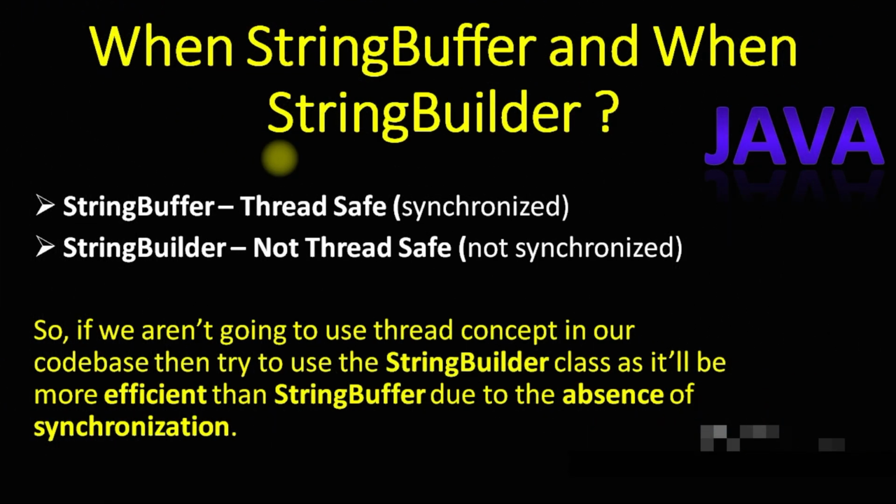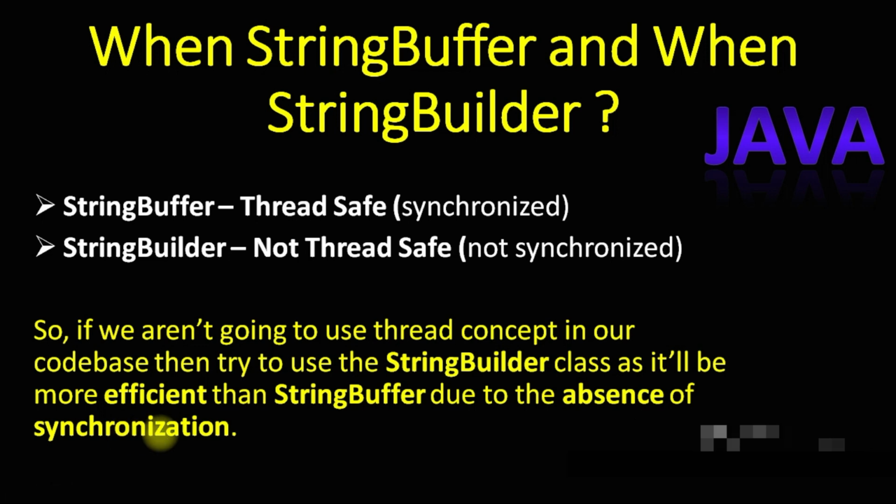Now remember only this statement. If you want to solve the string immutability problem, you have two options, one is string buffer, another is string builder. Now if you are not going to use the thread concept in your code base, then try to use string builder. Why? Because the string builder class is more efficient than string buffer due to the absence of synchronization.